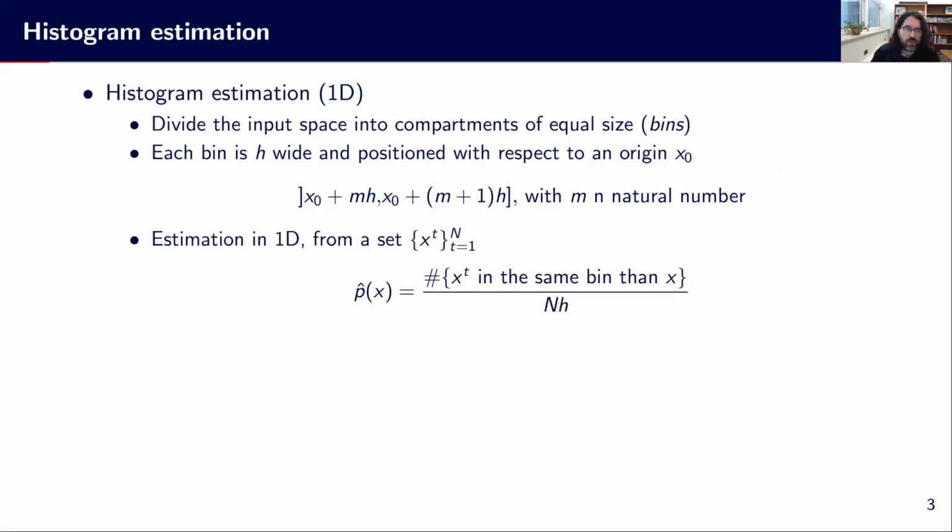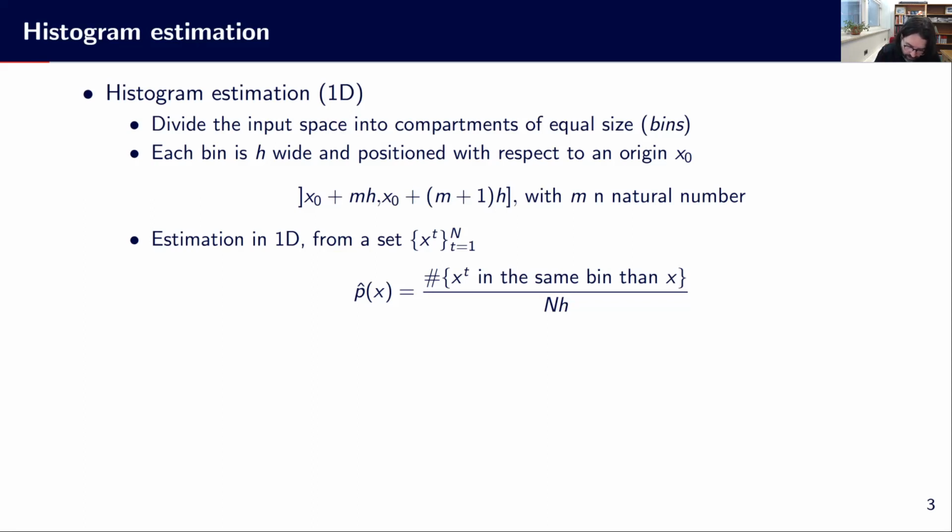And as such, from a data set of n points, we can estimate the density for a given x by counting the number of samples from the data set that are in the bin of x.